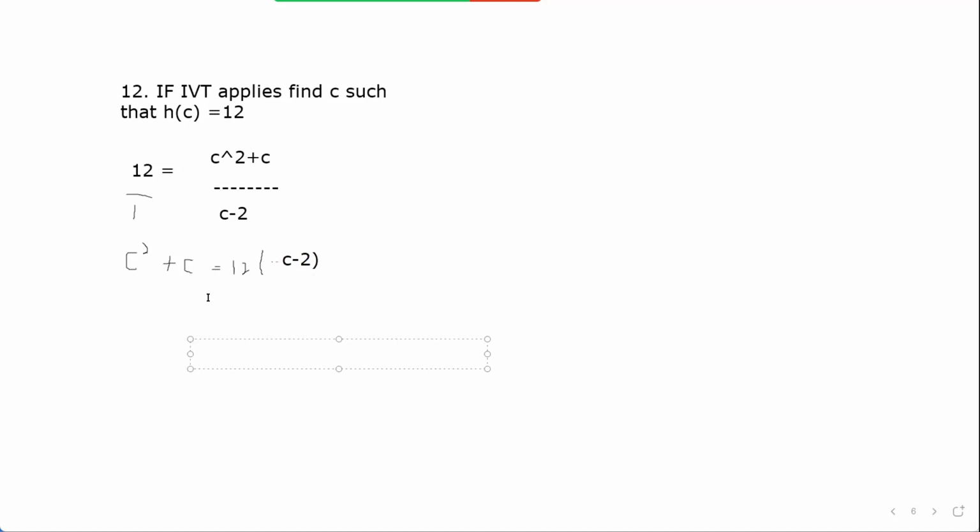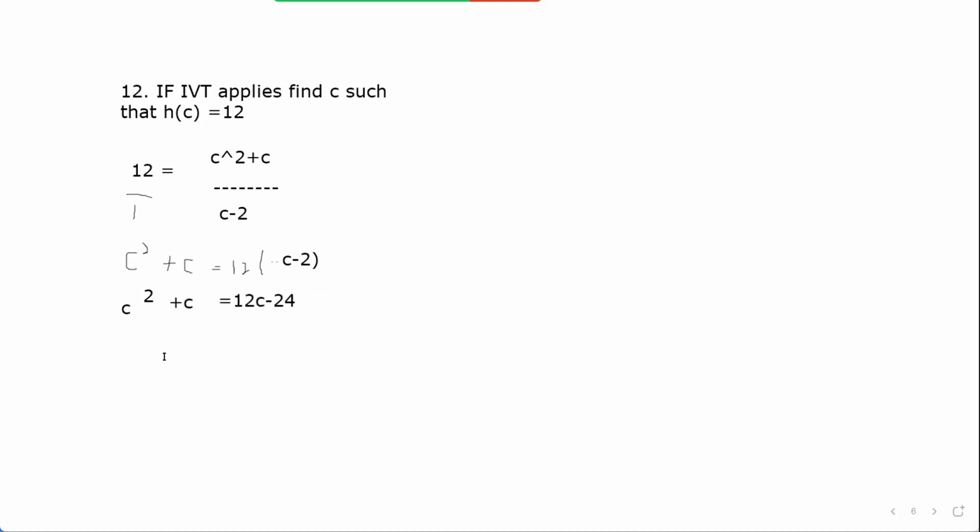Yeah, so this side is going to give me 12c minus 24, right? And this side is going to be c squared plus c, right?